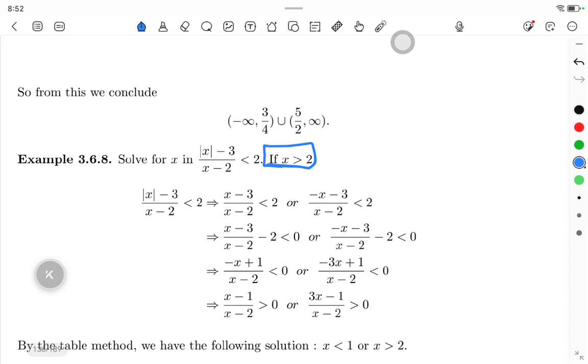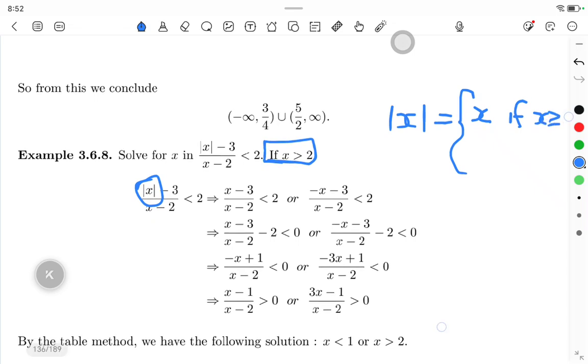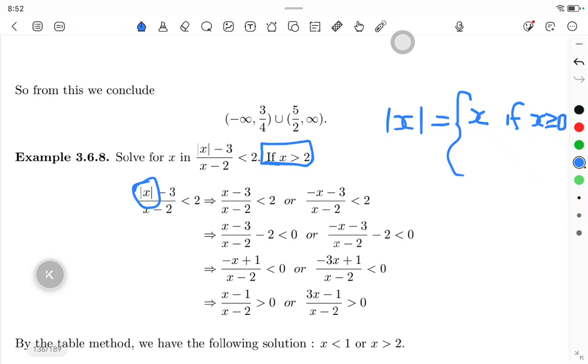Usually they were supposed to use this other method, which says that we must consider this one. Remember the absolute values from earlier. We learned, I think on page 8, that x can become positive if x is greater or equal to 0, and also x can become negative if x is less than 0.